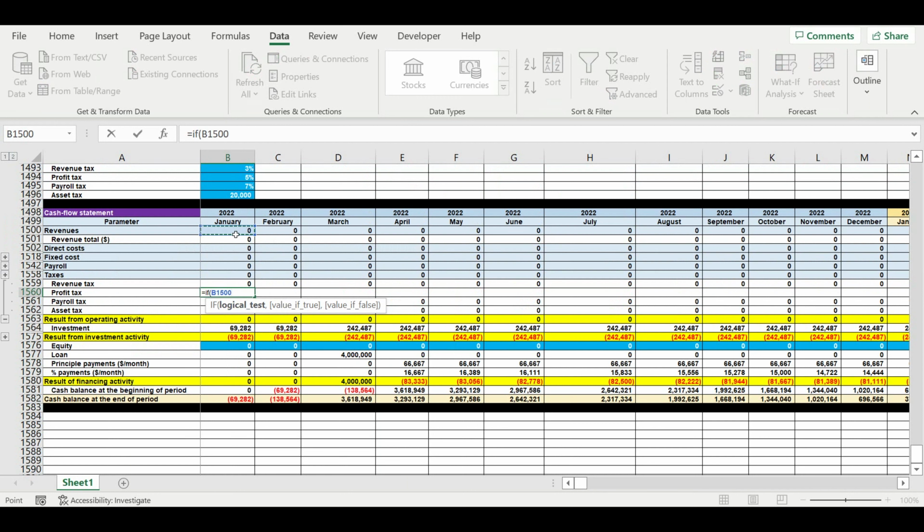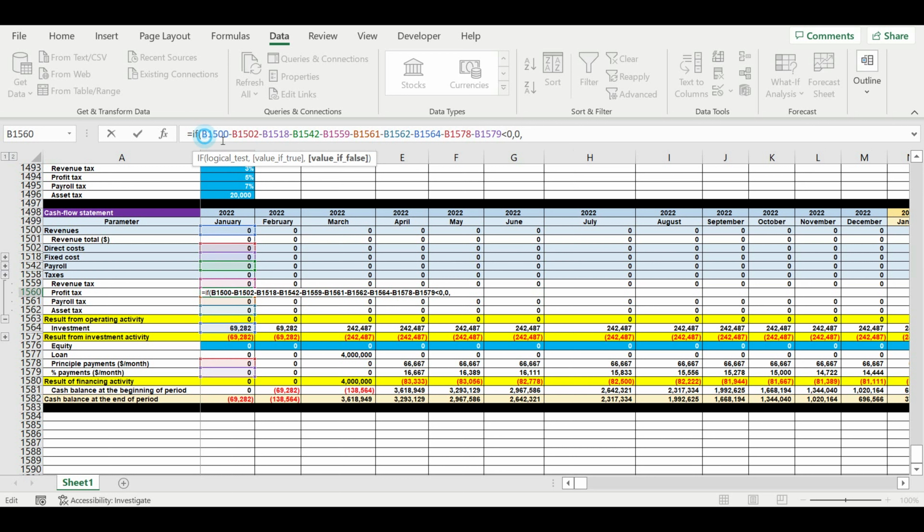If revenues minus this minus this minus this minus this minus this minus this minus this minus this is less than 0, then we put 0.